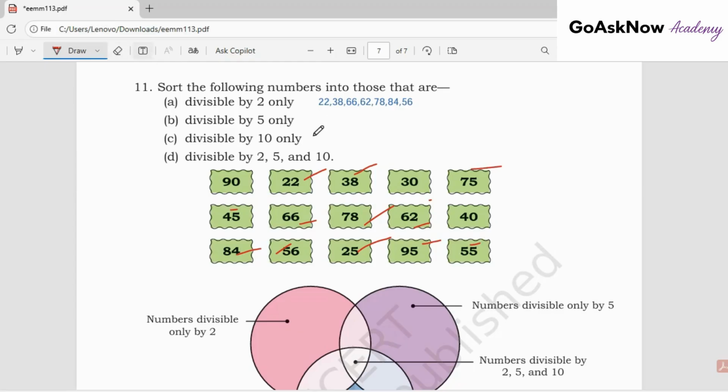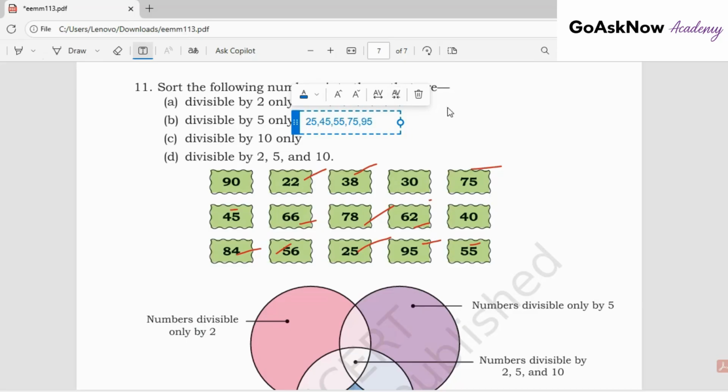These are the ones divisible by 5 only. Let us write that: 25, 45, 55, 75, 95.